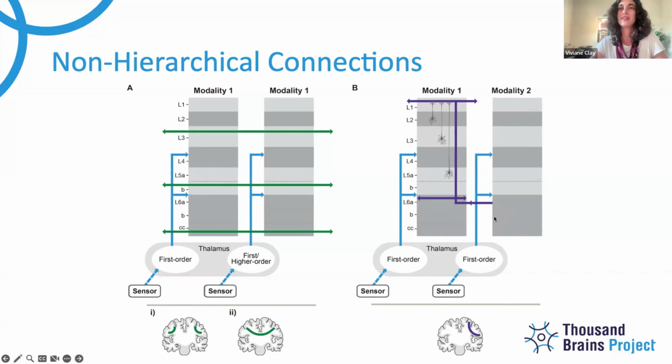And there, some papers report connections like this, but predominantly they look a bit more like the feedback connections I just showed, in the sense that they originate from the deeper layers, have some more local connectivity in the deeper layers of the receiving column, and ascend up to layer 1 and have a broader spread there.